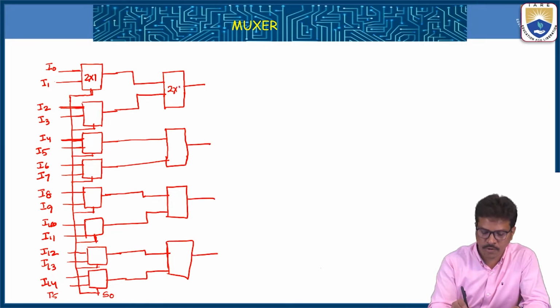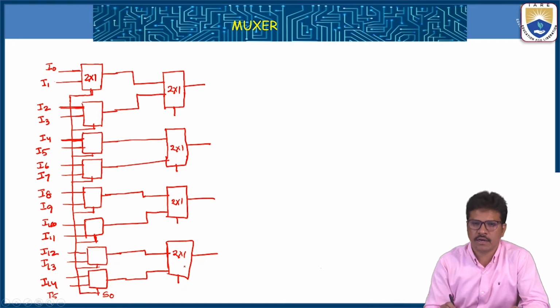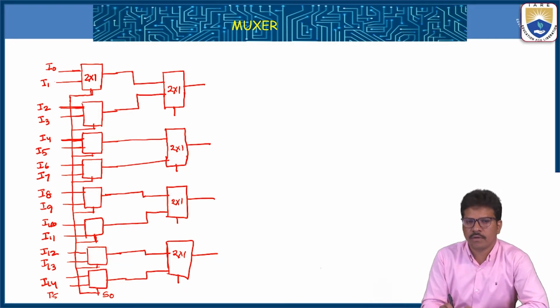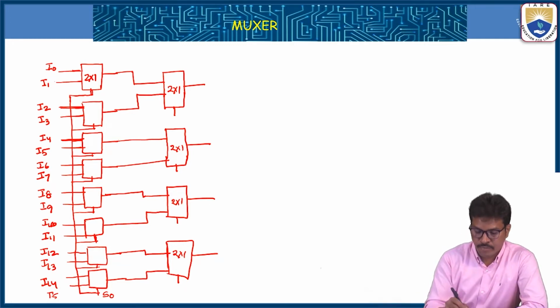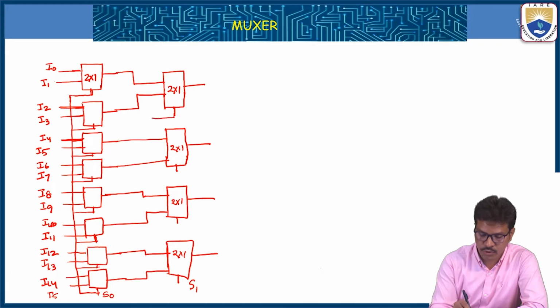This is also a 2 by 1 multiplexer, again having a select line. I am taking one select line input like S1, connected common to all.